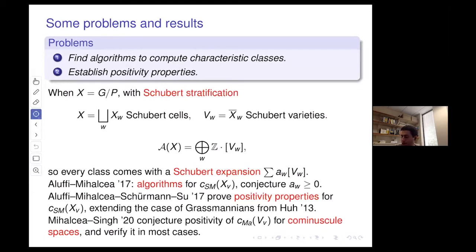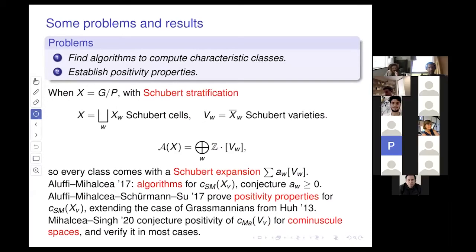They had some algorithms to compute Chern-Mather classes and were able to check positivity in some special cases. And really, what it boils down to is to prove that the local Euler obstructions, this matrix E that I talked about last week, associated with this Schubert stratification are all non-negative numbers.